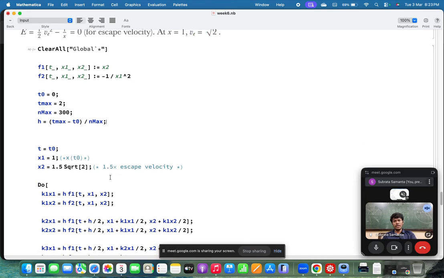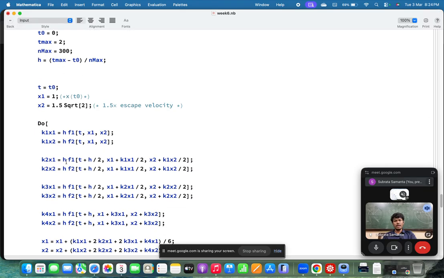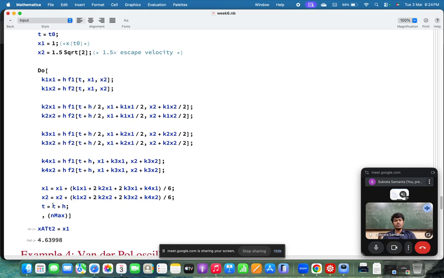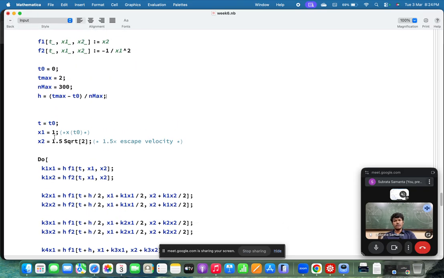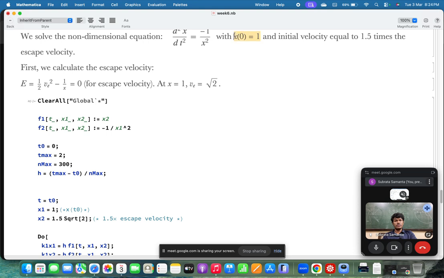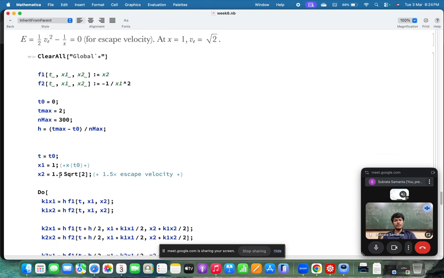Once you calculate h, you assign the initial values to these variables. The initial value of t is t naught, and I run this t from the initial value in steps of h. So t equals t naught, and x1 is basically 1, which is given at t equals 0, and the initial velocity x2 is 1.5 times square root of 2.